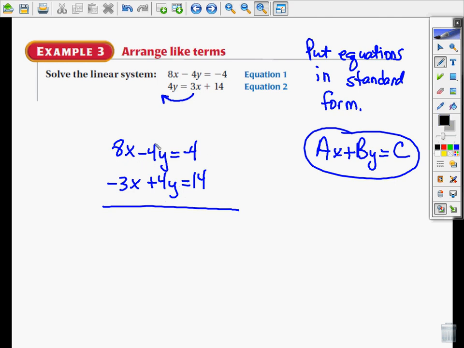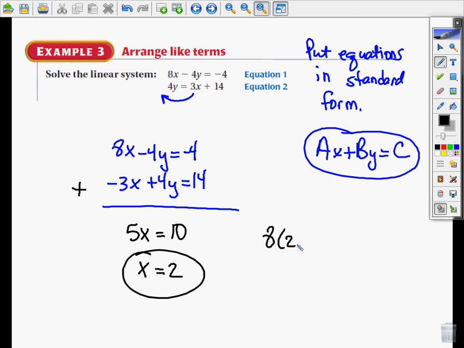Now I have exact opposite y terms, so I will add. 8 plus negative 3x is 5x. The y terms eliminate. Negative 4 plus 14 is 10. Divide by 5 and x is 2. I will put x is 2 in the top equation again. 8 times 2 minus 4y equals negative 4. 16 minus 4y equals negative 4.